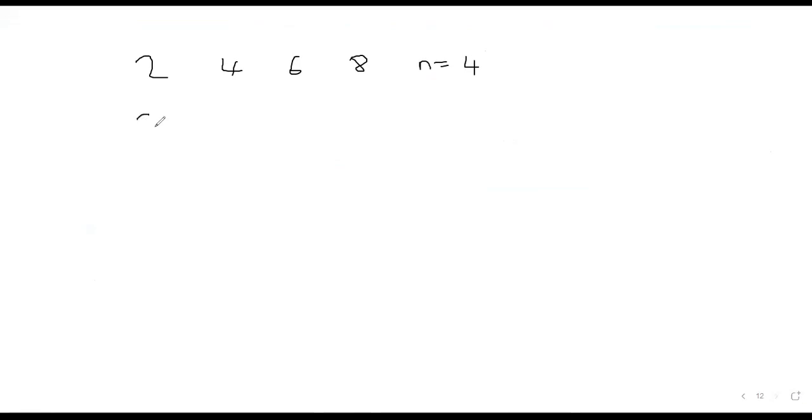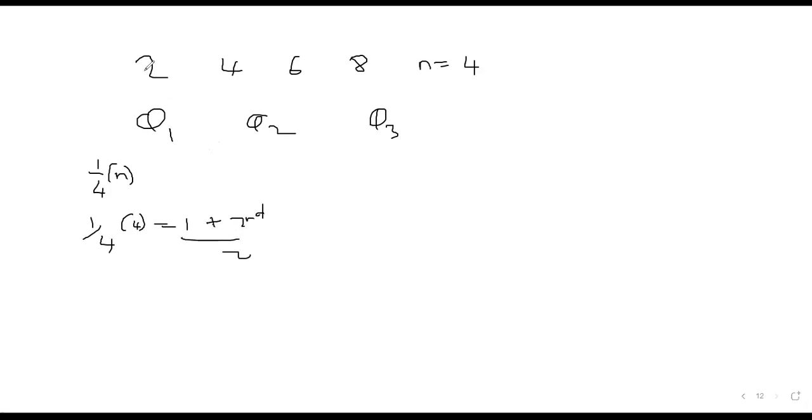So we want to find the quartile 1, quartile 2, and quartile 3. So this is a whole number, a quarter of n. So what is a quarter of n? A quarter of 4 is what? 1. So if you have a whole number exactly, you get that number and the second number and divide by 2. So you get the first number and the second number, and you average them, divide by 2.